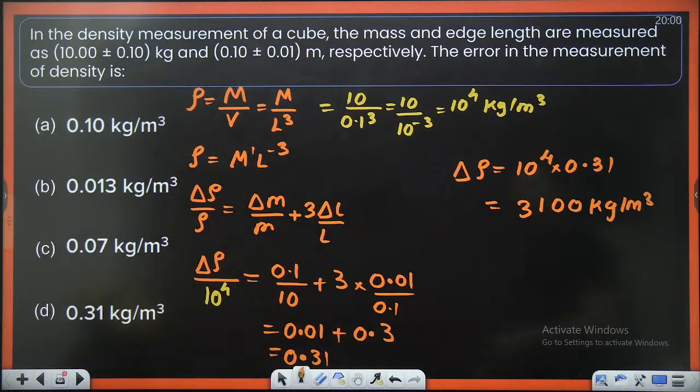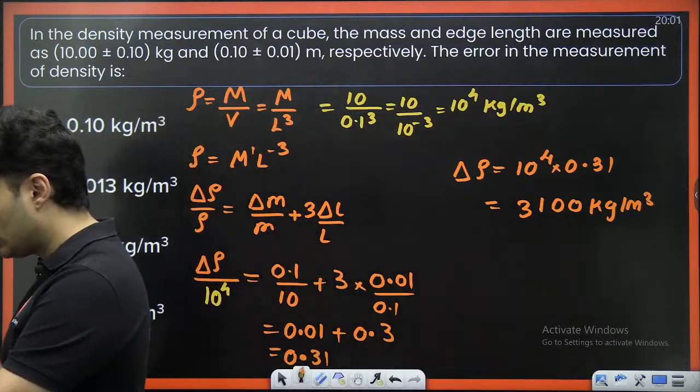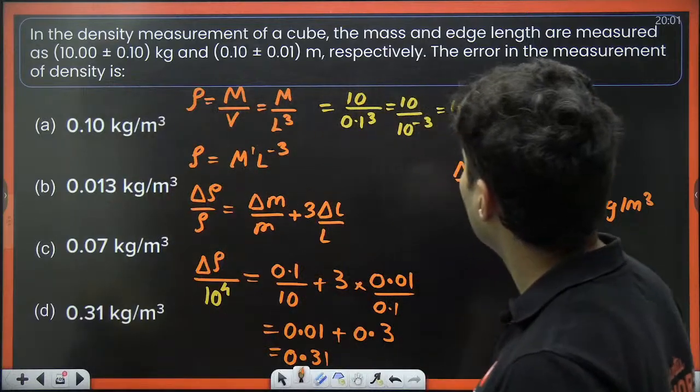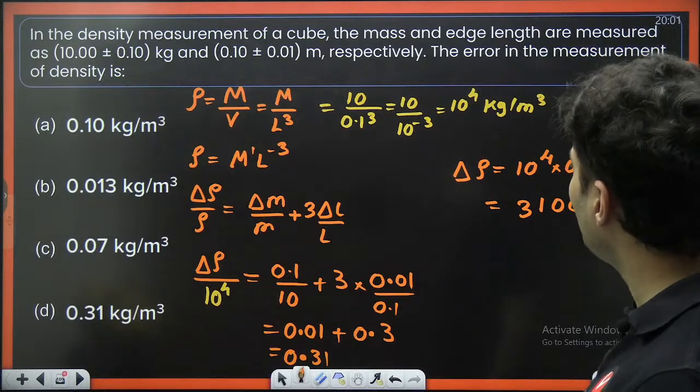Just check that out. That's what I'm getting. So I'm guessing there might be... it's a cube, so 0.1 cubed, 10 to the power minus 3.